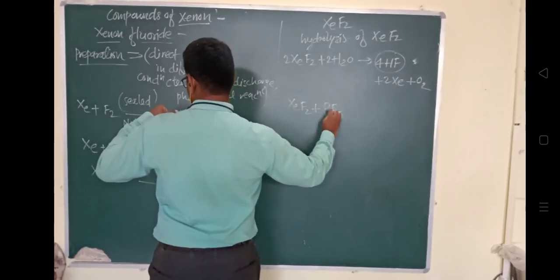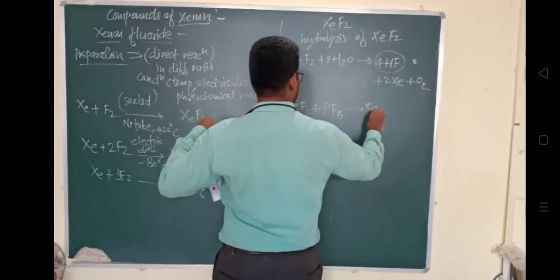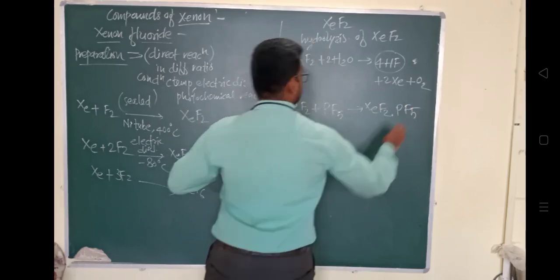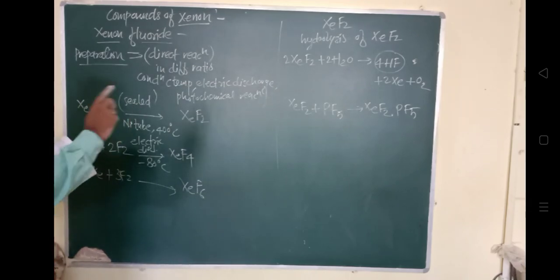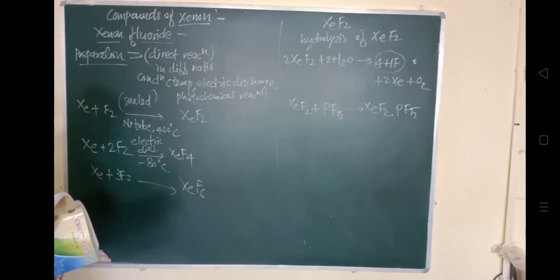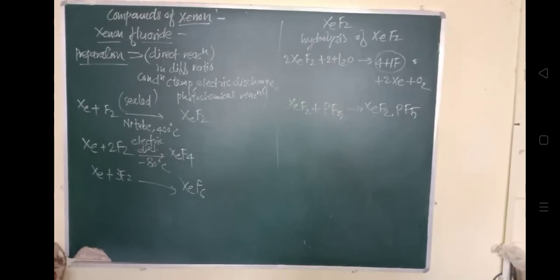Xenon trioxide. Okay, xenon fluoride देख लिया हम लोगों ने, xenon trioxide देख लेते हैं. As xenon is reacting with fluorine, xenon is reacting with oxygen also, so it is forming xenon trioxide, XeO3.